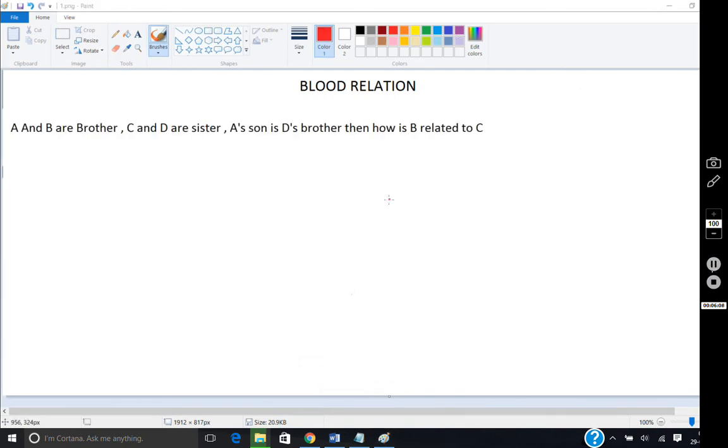A and B are brothers, C and D are sisters. A's son is D's brother. Then how is B related to C? A and B are brothers means this is the same generation, and both are male.